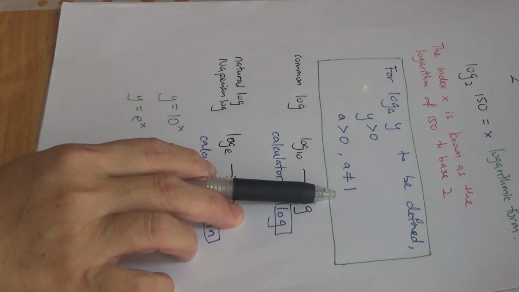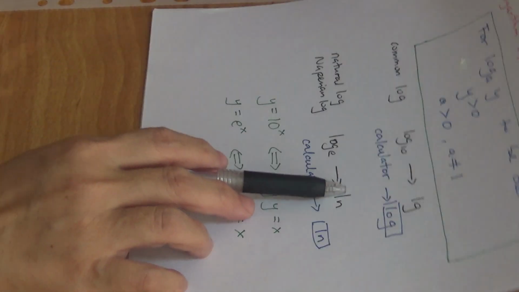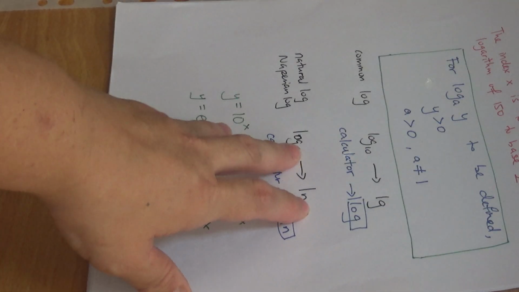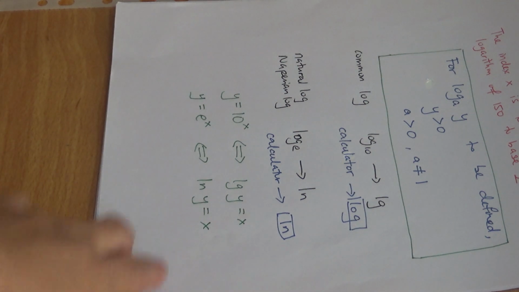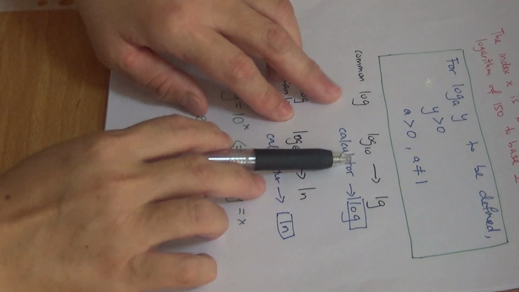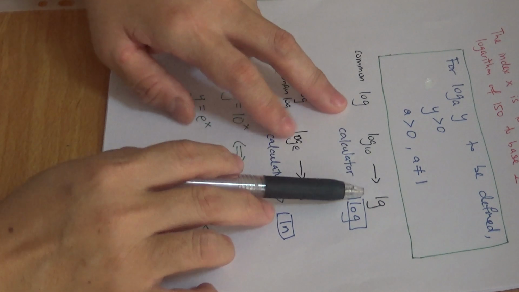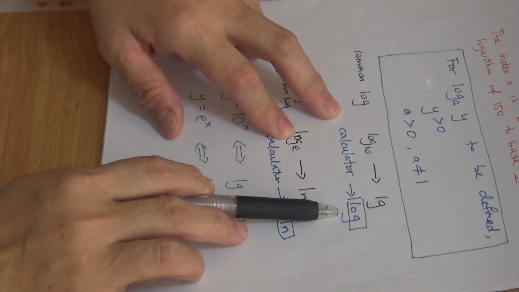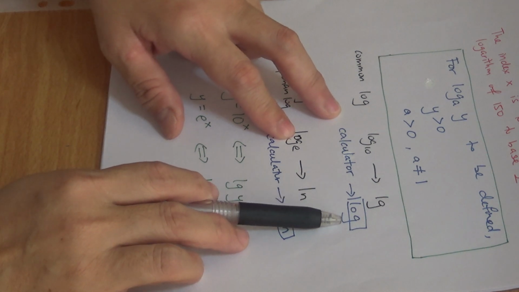Then I'm going to introduce to you two common logs. If you have log to base 10, it is called the common log and its short form is lg. On the calculator it is given by the button LOG.